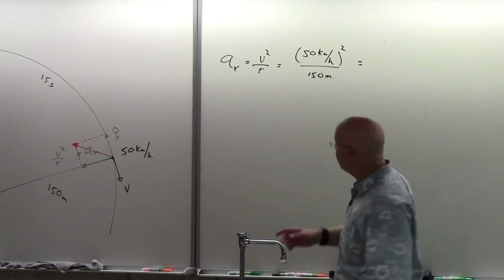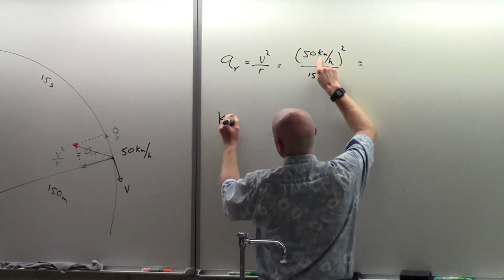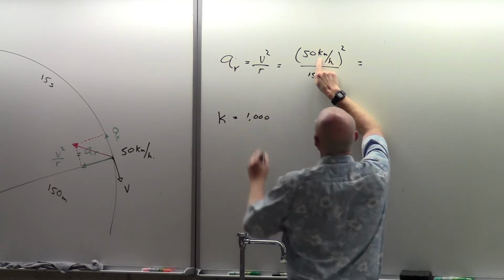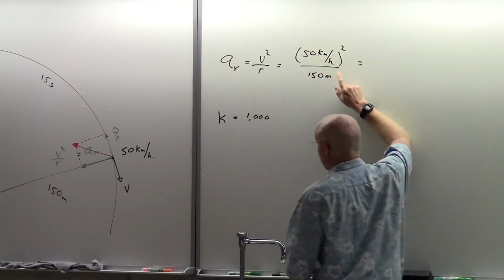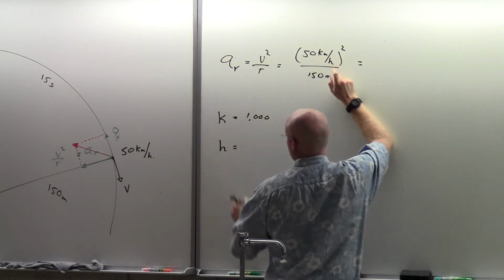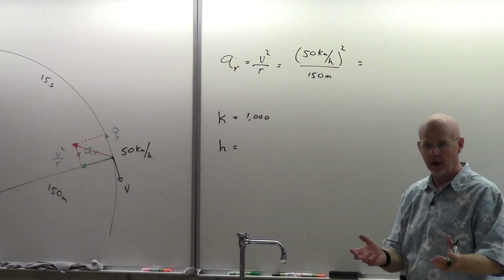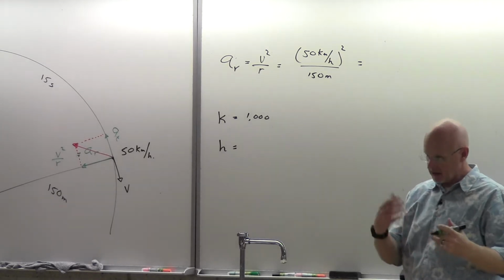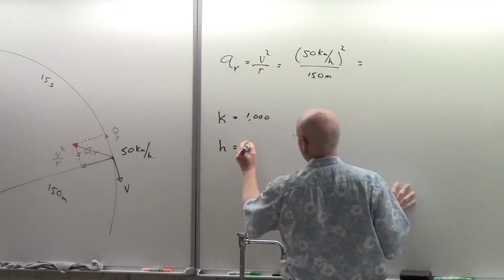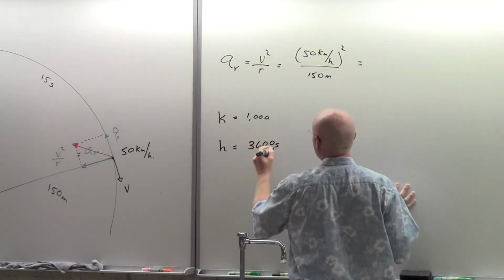Well, let's go back to chapter 1. Kilometer means 1,000, right? What does an hour mean? So many seconds, right? How many seconds are in an hour? Yeah, 60 times 60, good. 3,600 seconds.